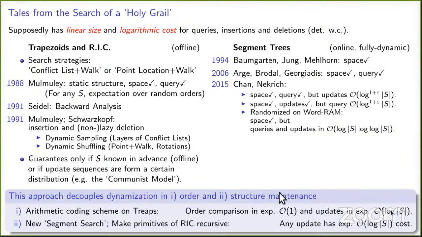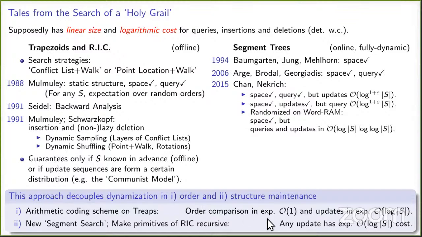And for the problem of structure maintenance, we introduce a new segment search. And this is now conceptually very different from how searches were done in the randomized incremental construction. And the other thing that we do is we use recursive primitives. And yes, so our algorithms are very simple, but it's not so obvious how to analyze them.